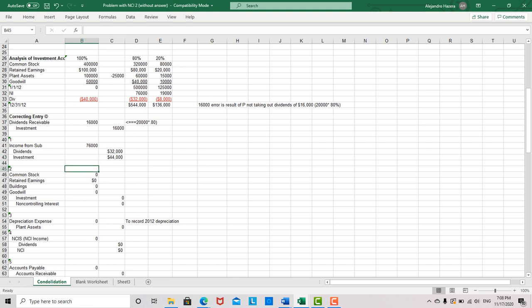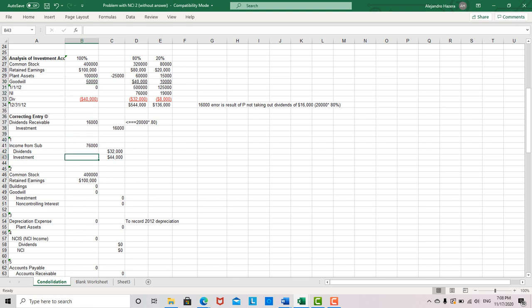Okay, so we're just going to go down. Common stock at 100% is $400,000. Retained earnings at 100% is $100,000. Buildings are going to be, now remember that every number above this line right here is the correct beginning of 2012 amounts.